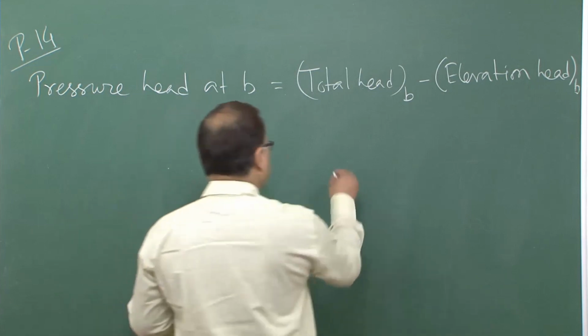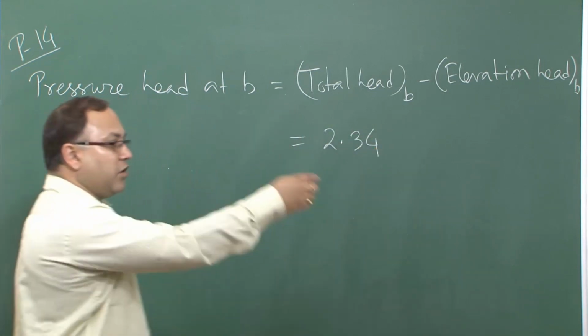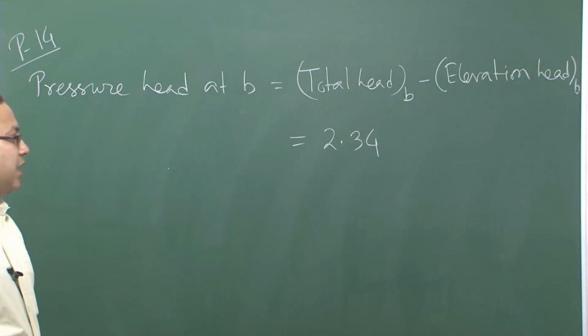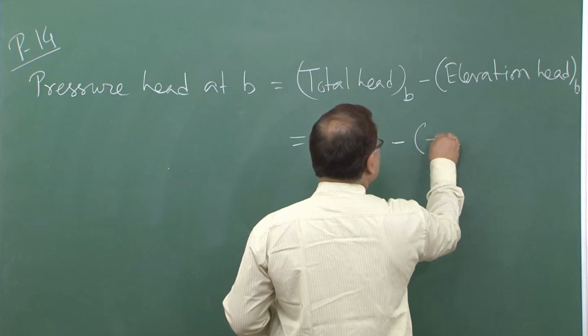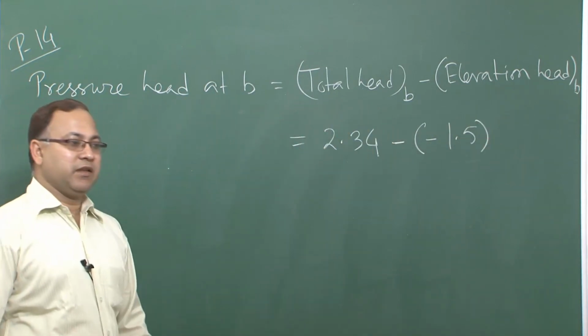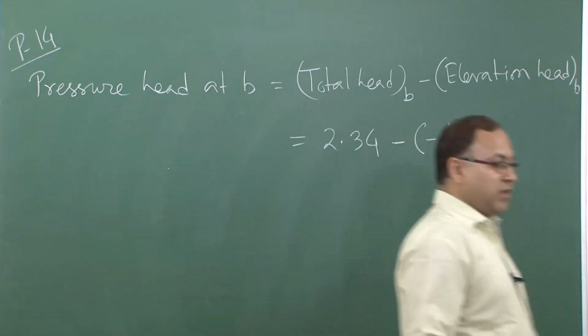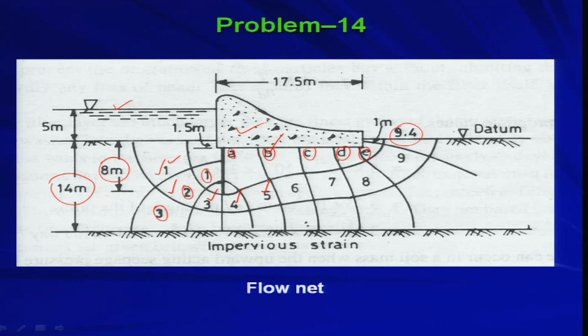So, you know the total head at point B, you know the elevation head at point B. So, let us see what your total head at point B is. Just now you have calculated that the total head at point B is 2.34 minus 1.5 meter, which is your elevation head. If you look at the problem once again, the base of the concrete dam is lying at 1.5 meter below the ground level.